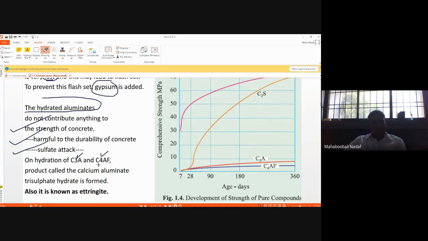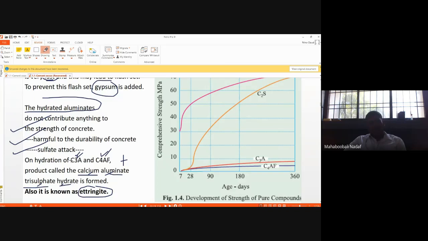That compound name is calcium aluminum trisulfate hydrate. In short, that compound is called ettringite. So C3A and C4AF plus water give ettringite, which does not give any strength and is harmful due to sulfate attack.